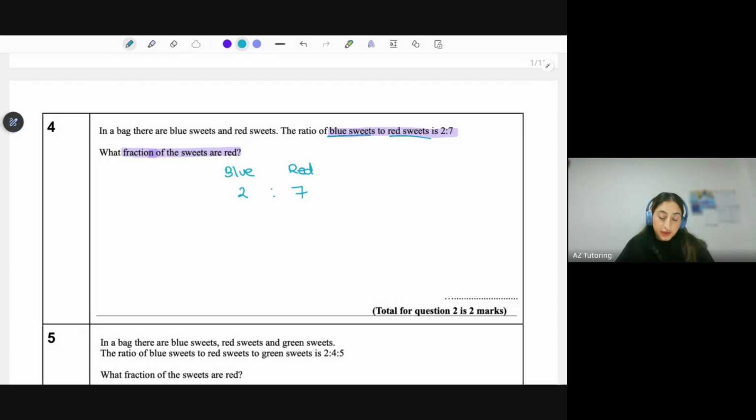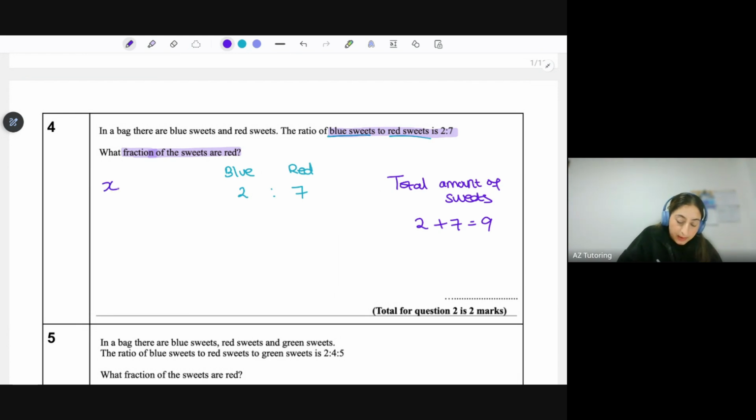Right, it says what fraction of the sweets are red? So we need to convert the ratio into fractions. So we need to first work out what's the total amount. Total amount is just my two ratios added up. So 2 plus 7, which is 9. Now, going back to the fractions, that's my ratio and that's my total. So I'm going to write them both over 9, which is the total.